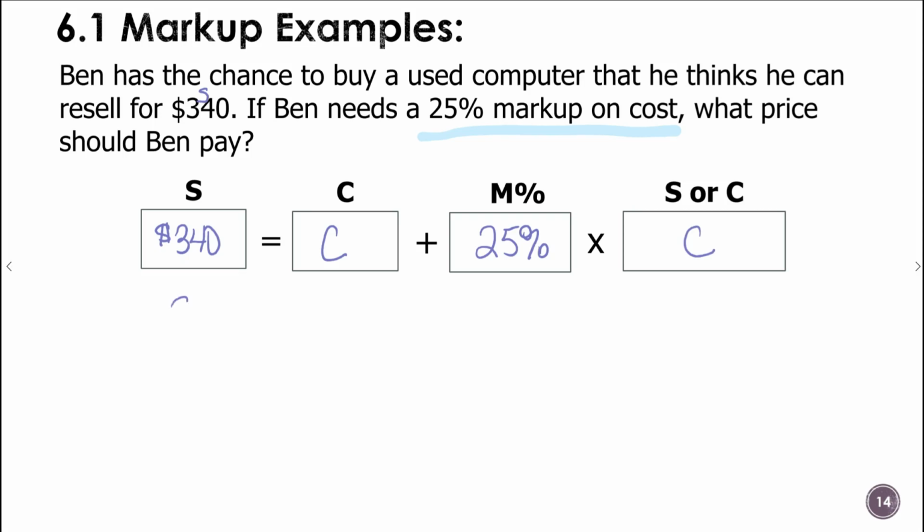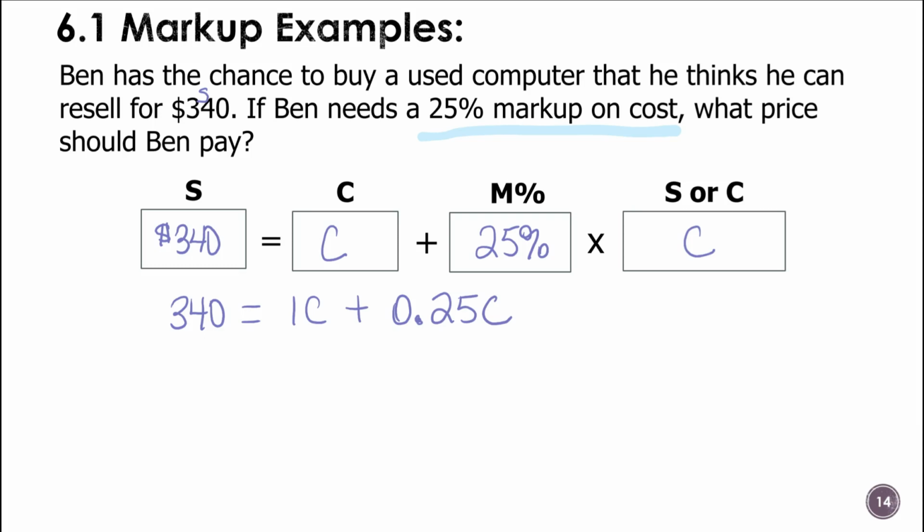So let's write the equation. 340 equals 1C plus 0.25C. By the way, in the book I believe they use percents on this, and I don't prefer it that way personally, so that's a reason why I use decimals when I set up my equation.